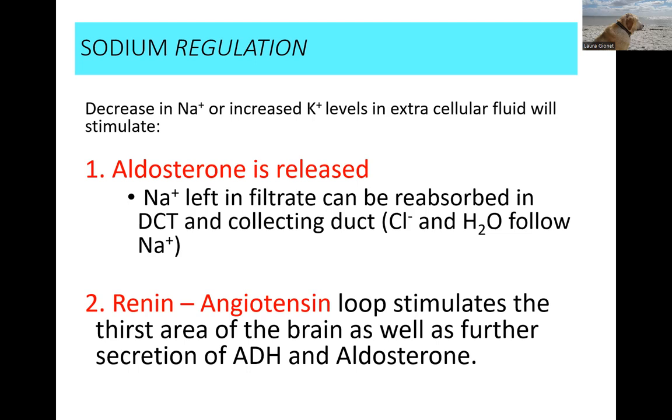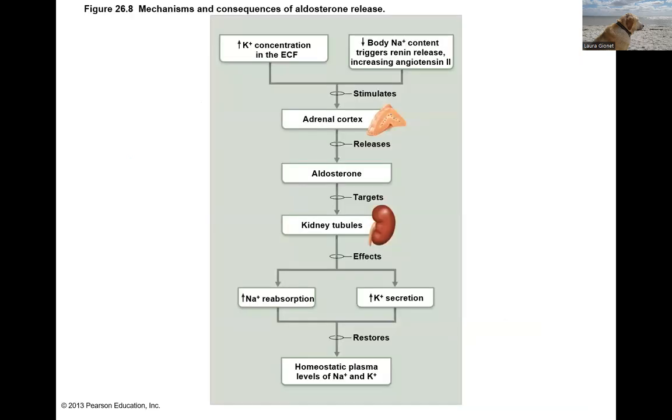Angiotensin 2 is a vasoconstrictor, and it stimulates the further secretion of aldosterone and antidiuretic hormone.